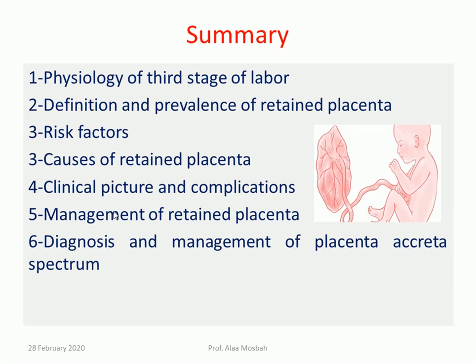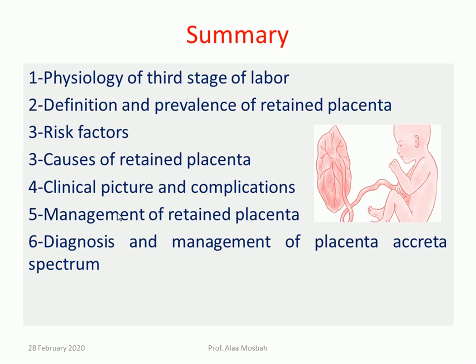In summary, today we covered the physiology of the third stage of labor, the definition and prevalence of retained placenta and its risk factors, and the causes, clinical picture, and complications of retained placenta.